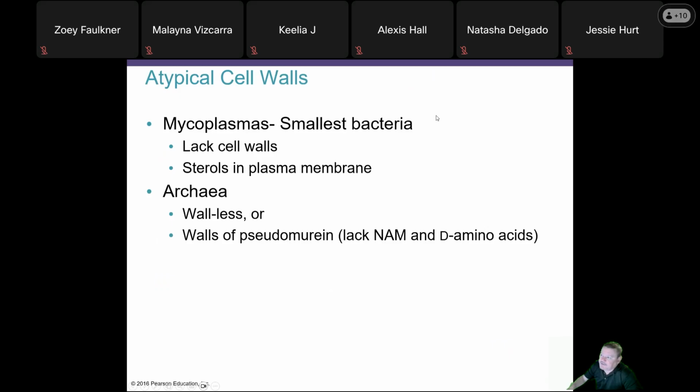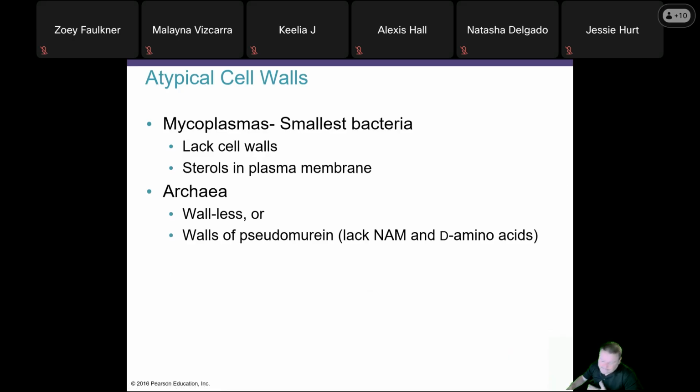Now, mycoplasmas are the smallest bacteria, and these do not even have a cell wall. They have a plasma membrane. And then again, archaea either have no cell wall, or if they do have a cell wall, it's going to be made of pseudomurein. This does not have the peptidoglycan that bacteria do. Again, they're a completely different domain. They separated a long time ago, and these two don't have anything in common, even though they look alike.